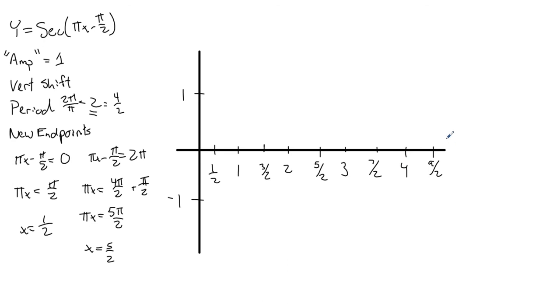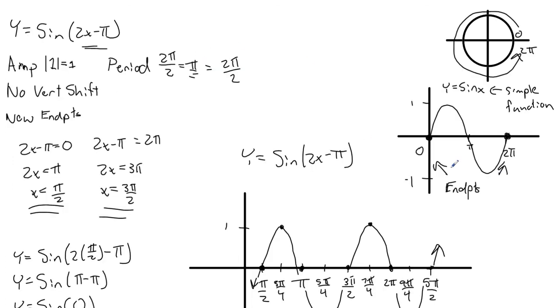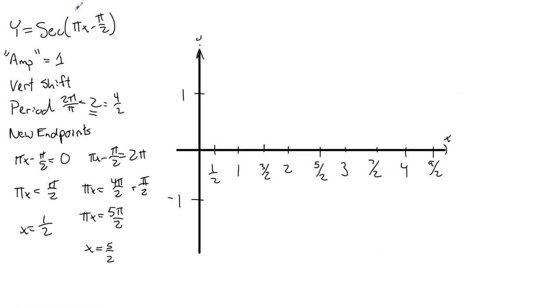And 9/2, we're at the right endpoint, x and y. I don't think I did that on this one, so let's make sure we label correctly and not lose our points. Okay. All right, now remember, secant is 1 over the cosine of pi x minus pi/2.